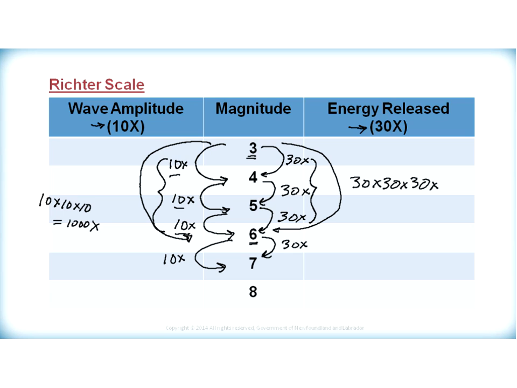So 30 times 30 would be 900, and 30 times 900 would be 27,000. So an earthquake measuring 6 compared to one measuring 3 on the Richter scale would be 27,000 times more energy released.